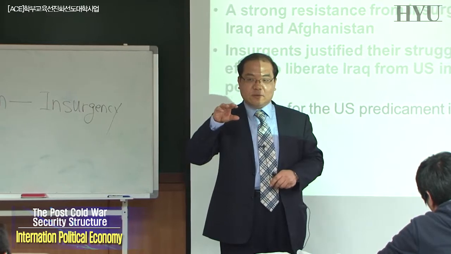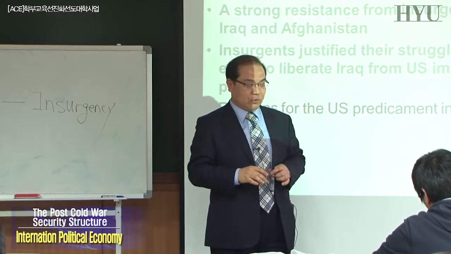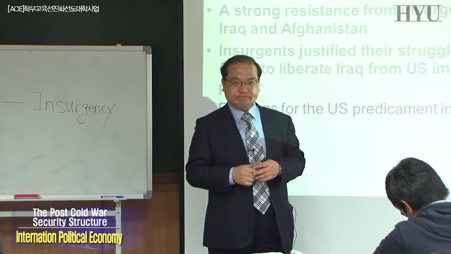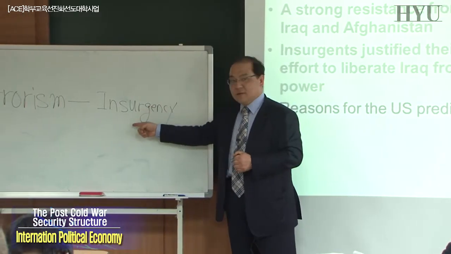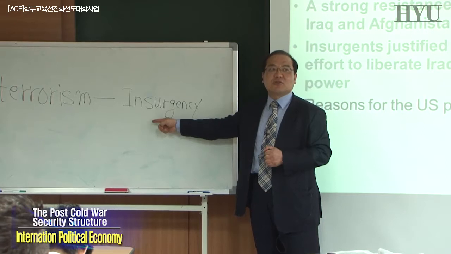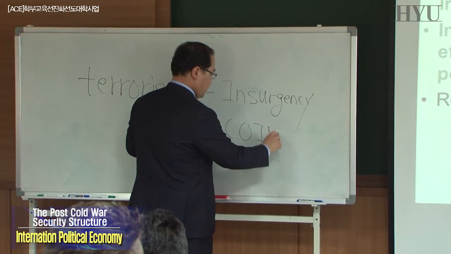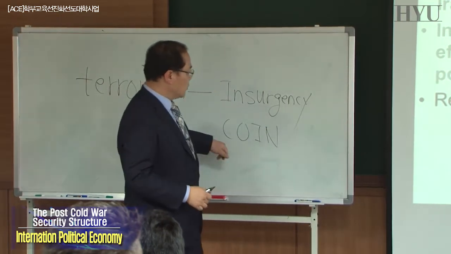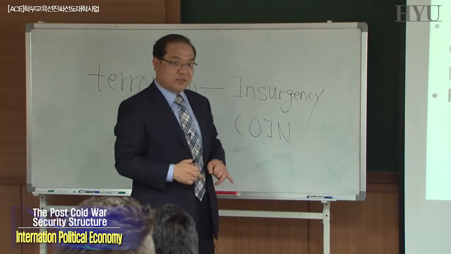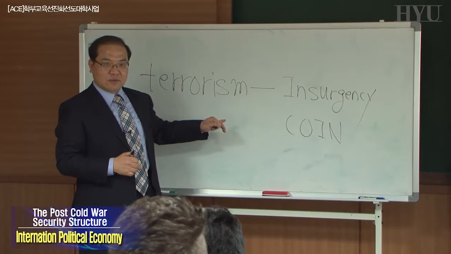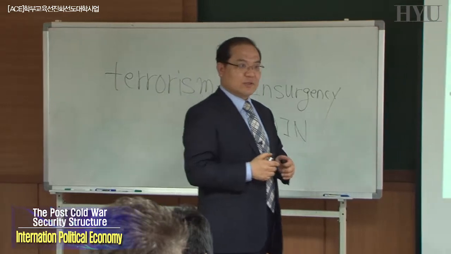So to resolve this conflict, America must use counterinsurgency operations. This appears on the next page, COIN operation. Counterinsurgency rather than counter-terrorist strategy. Right? Then what is counterinsurgency?